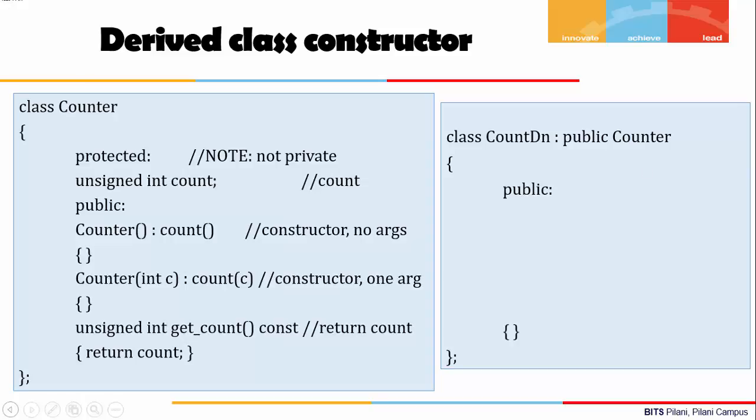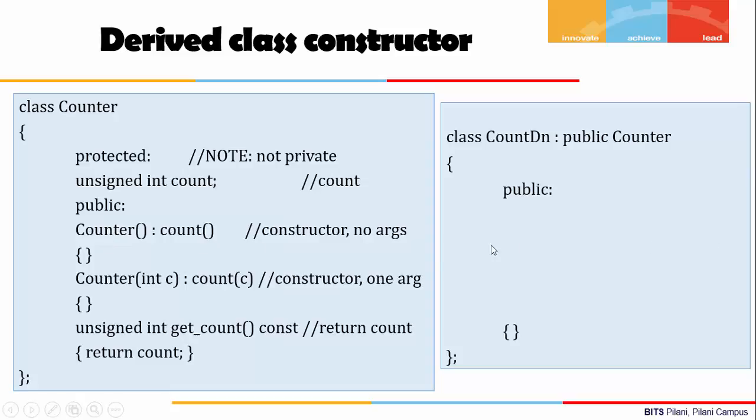So if we create an object of this class CountDn, it is initialized to 0. Here we have no constructor, but still when we use an object, it is initialized to 0. This is because the derived class uses an appropriate constructor from the base class.